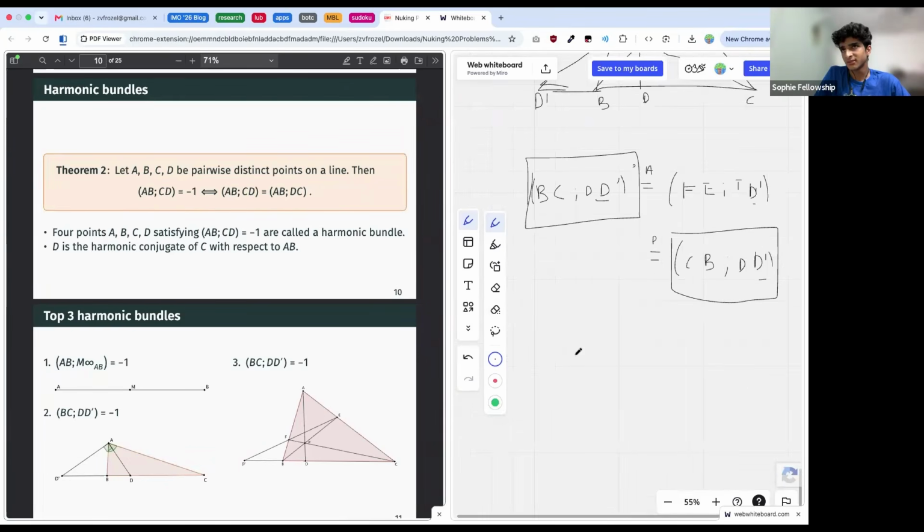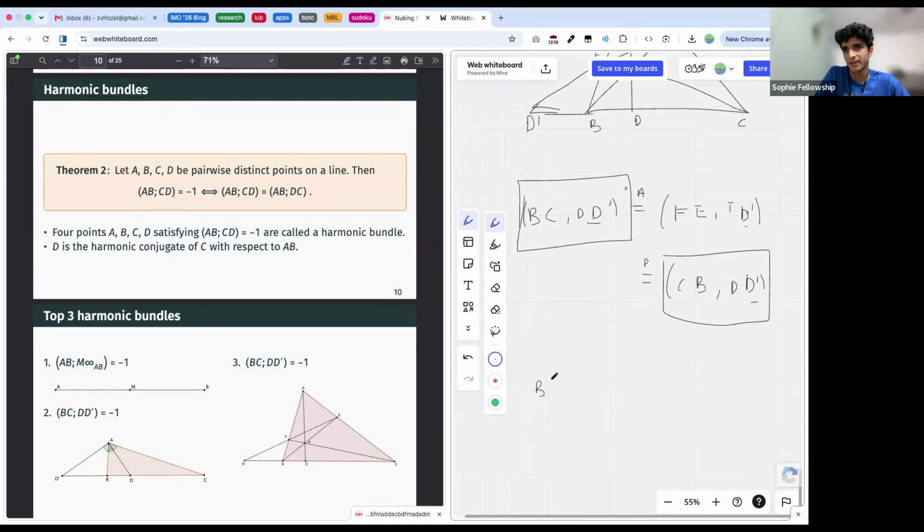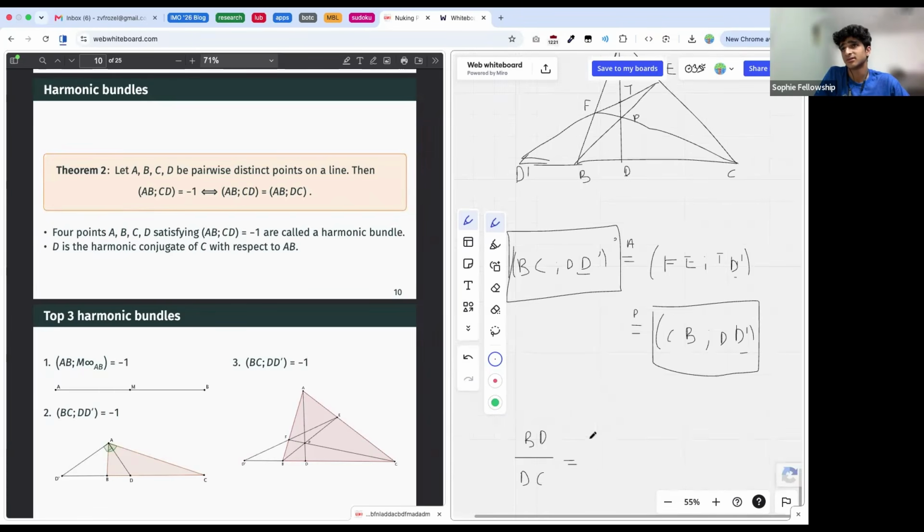There's another way to do this, and that is, as you said, by Siva and Menelaus. So we have BD by DC times CE by EA times AF by FP is 1. This is called Siva's theorem.